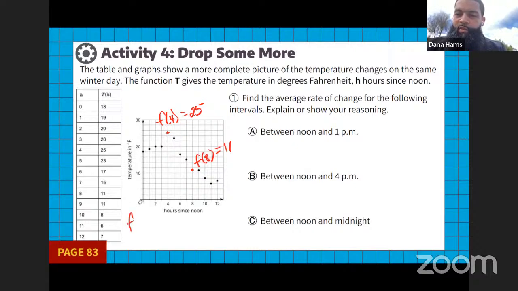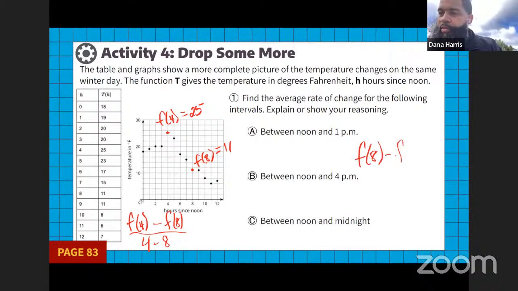I can say f of 4 minus f of 8 over 4 minus 8, because that's the time of the intervals. Or I can switch it and say f of 8 minus f of 4, and then over 8 minus 4. If we do the numbers, they'll end up being the same.